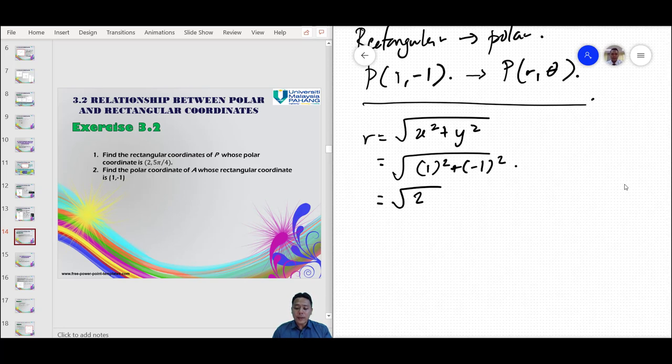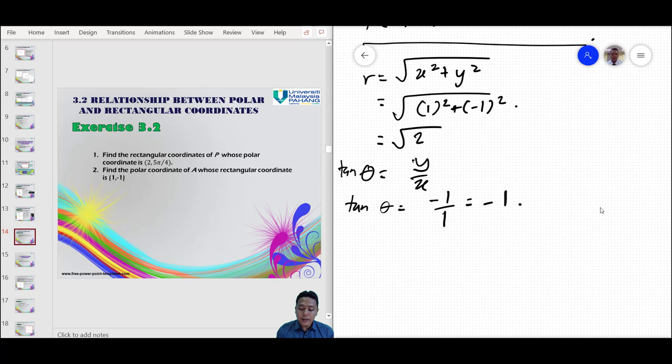In terms of the angle, this time you take tangent theta equals y over x. So for this case, tangent theta equals negative 1 over 1, negative 1.